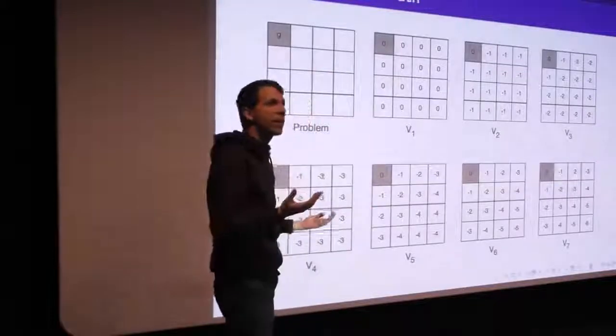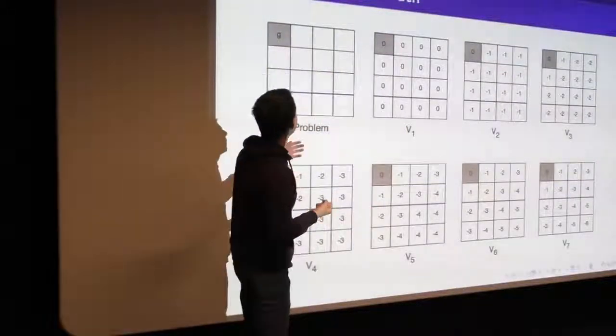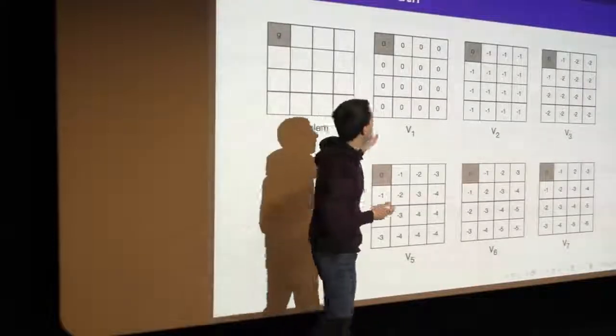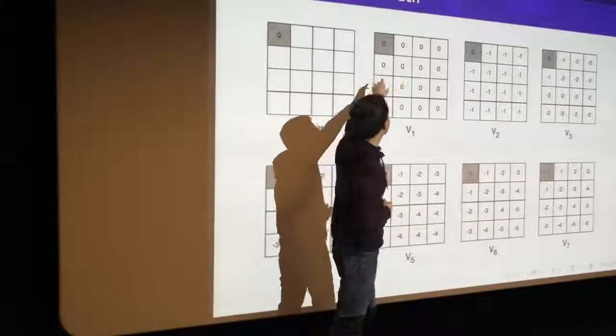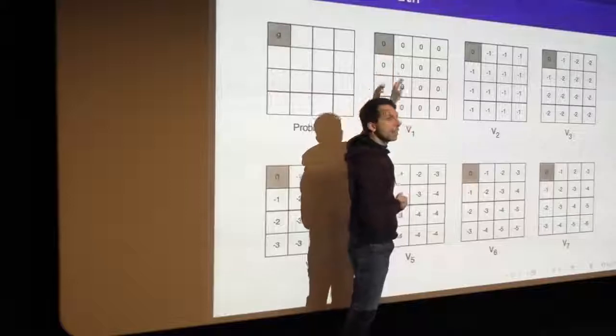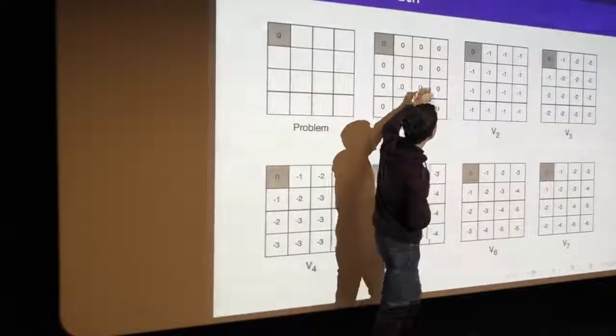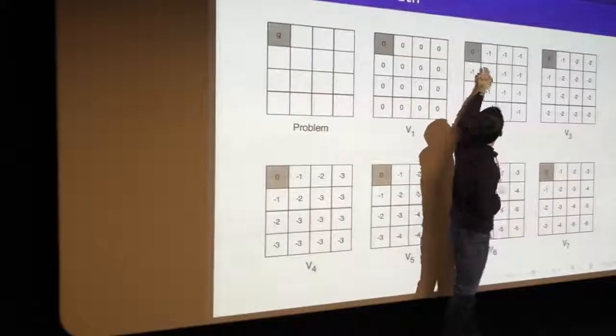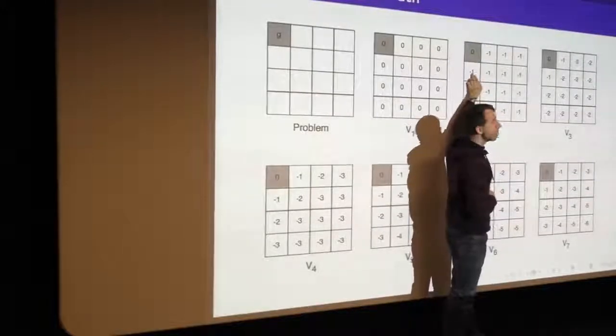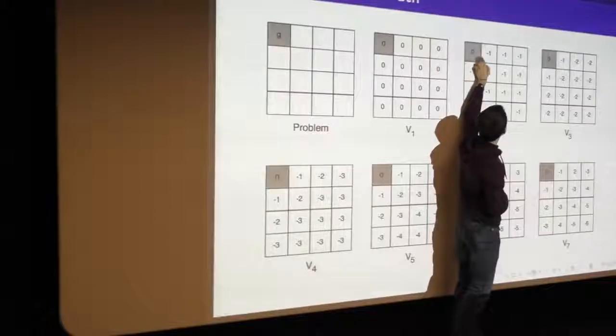Intuitively, the way to solve such problems is that you start off with some initial state that tells you that it's 0 at this state here, and then you work your way backwards. Once you know it's 0 here, you know that from each of the states adjacent to that, the cost is -1 to reach that. It takes you 1 step to get there, 1 step to get there.